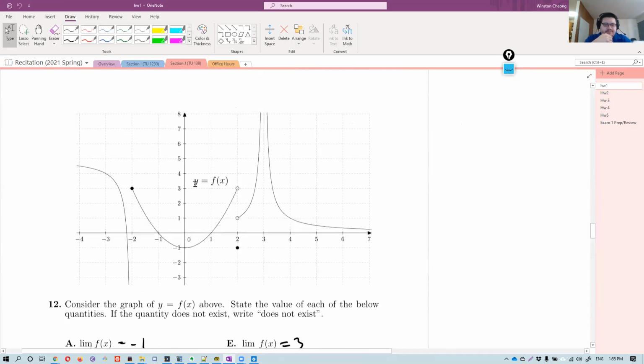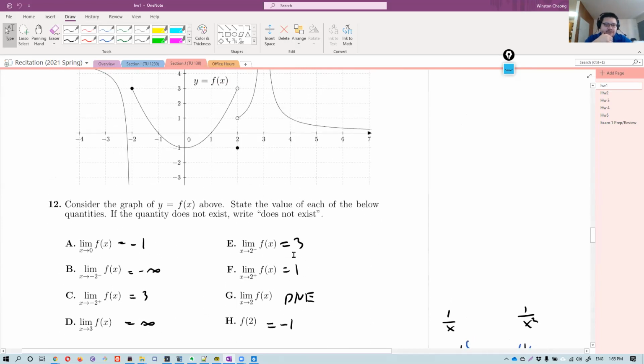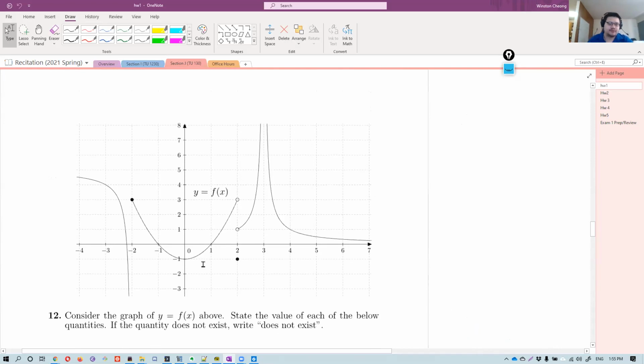For this function, it might be easier to just look at the graph. If we approach -2 from the left, we get to -infinity. If we approach from the right, we get to 3. If we plug in, we get 3. You see this is an infinite discontinuity.